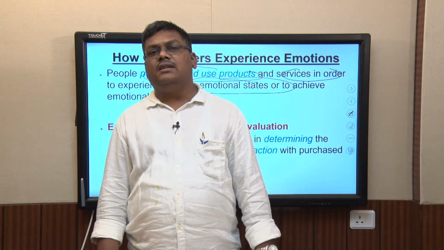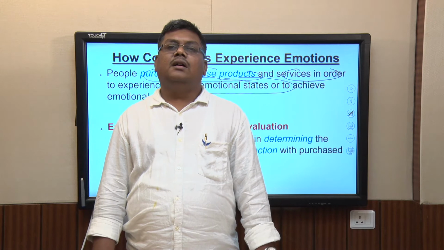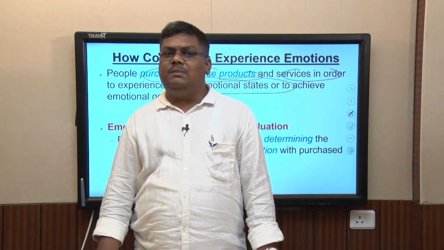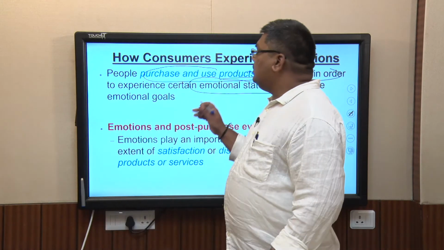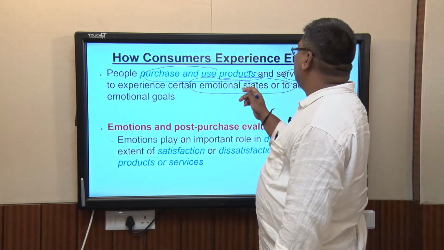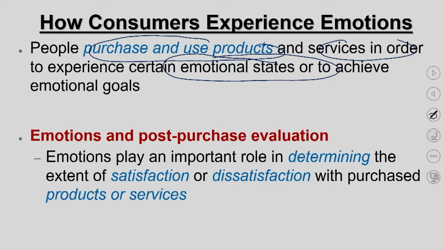If it is satisfaction, you are happy. If it is dissatisfaction, you may be angry, you may be disgusted, and so on and so forth. Basically, using these products and services, the whole experience of it creates different emotional states in the consumer's mind and the marketer's mind.